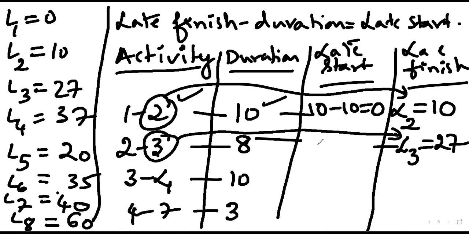And in that case, what will be the late start? 27 minus 8 is 19. That's right. Okay. So likewise, find out the rest of the values.